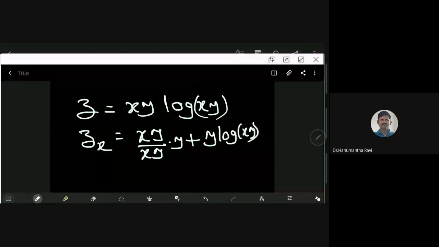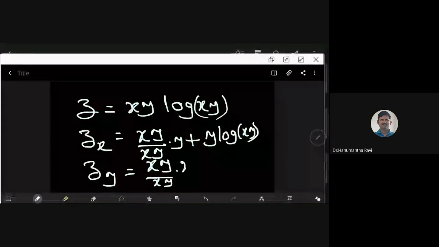Similarly, zy is equal to xy by xy into x plus, with respect to y we are doing, x log xy.